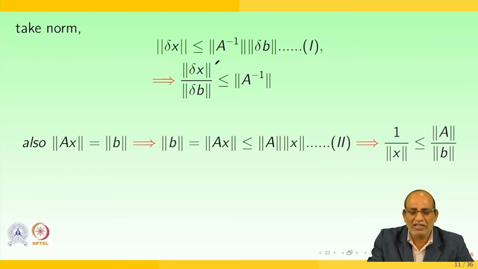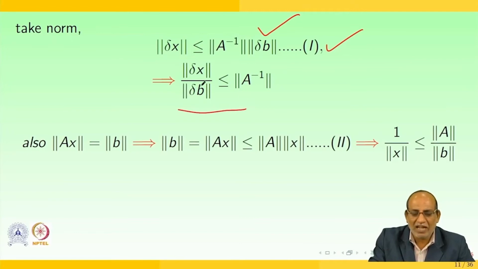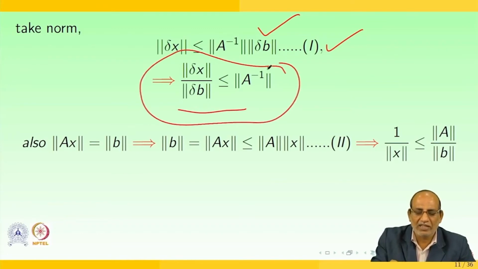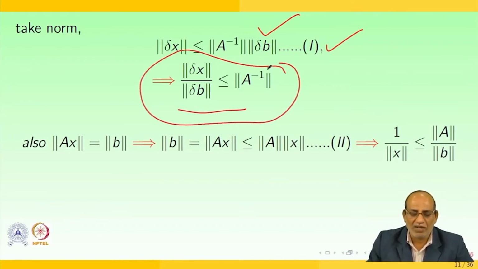Norm of delta x is less than or equal to norm of A inverse times norm of delta B. Let's say this is equation 1, which implies, pushing norm of delta B to the denominator, we get the inequality norm of delta x upon norm of delta B is less than or equal to norm of A inverse.